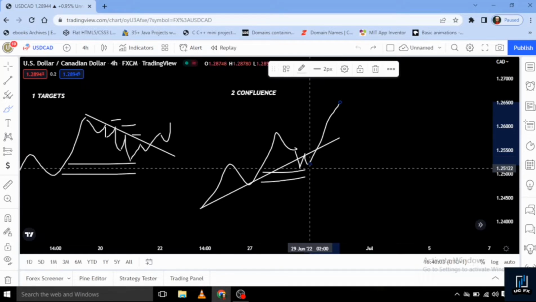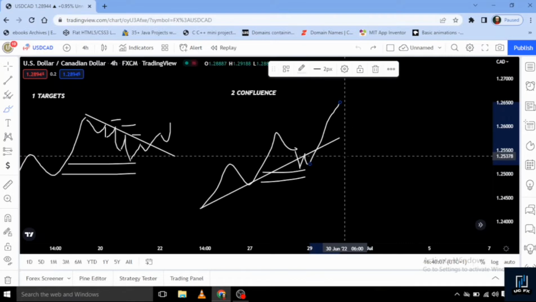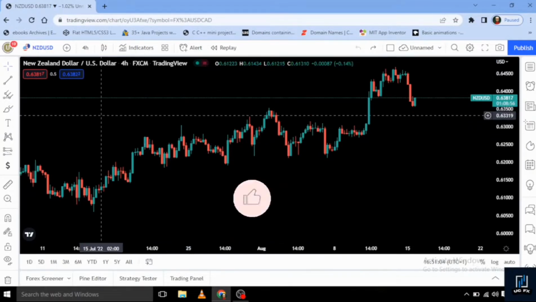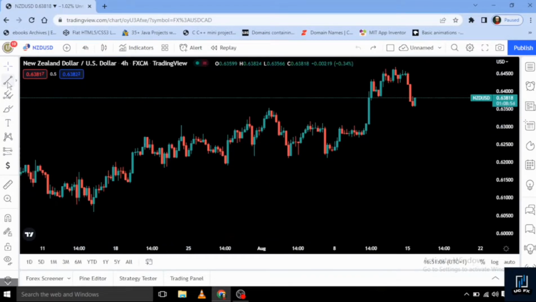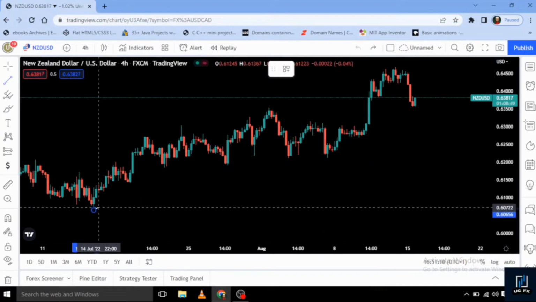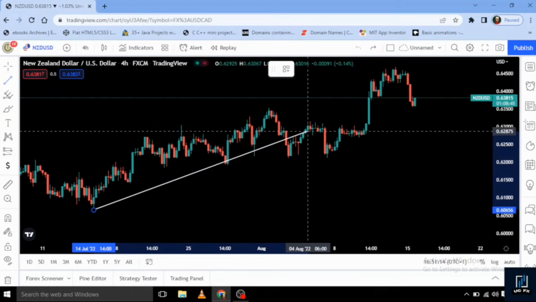So let's learn how to trade this using the real chart to avoid this liquidity. Yeah, so here we are on the real chart. This is NZD USD. You would agree with me that we have this trend line that will be following this pattern.